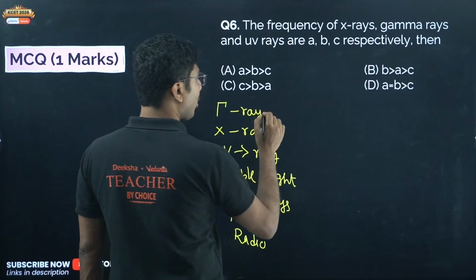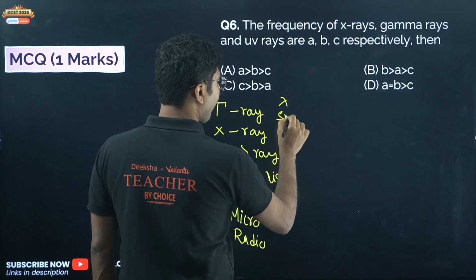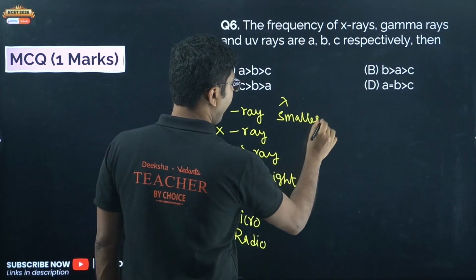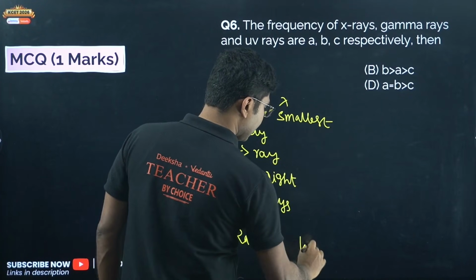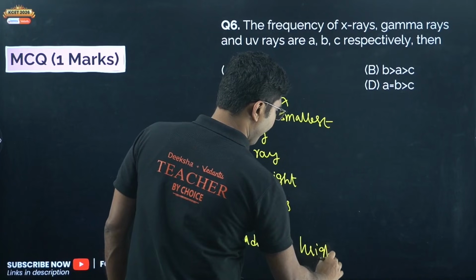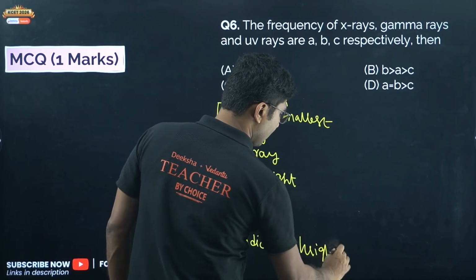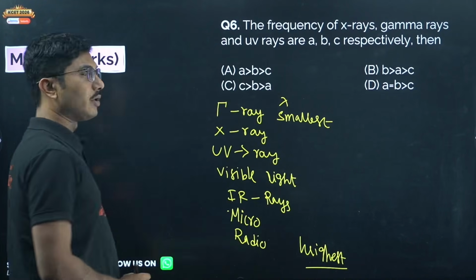In this order, this one has the smallest wavelength, and this one has the highest wavelength.